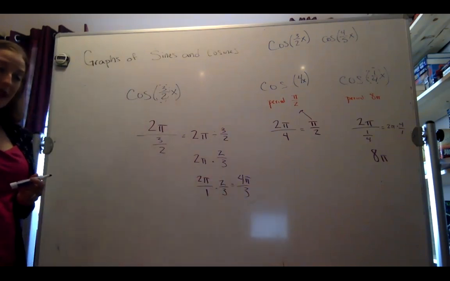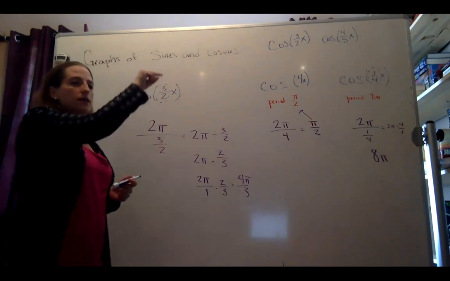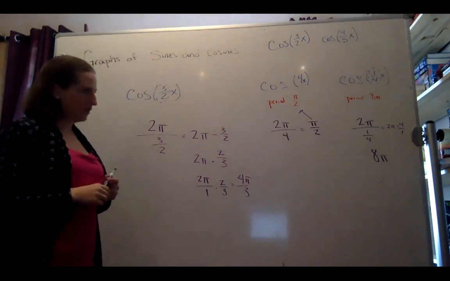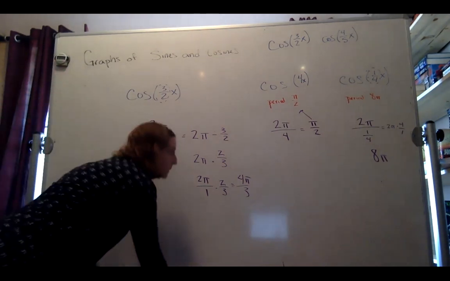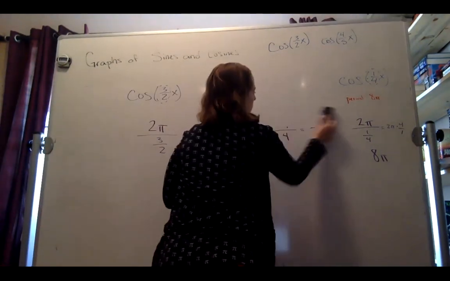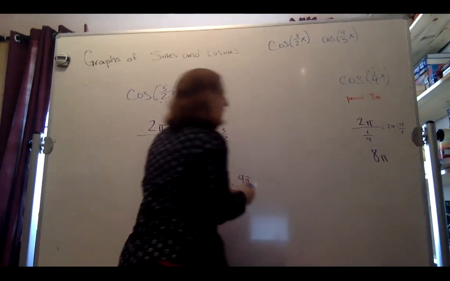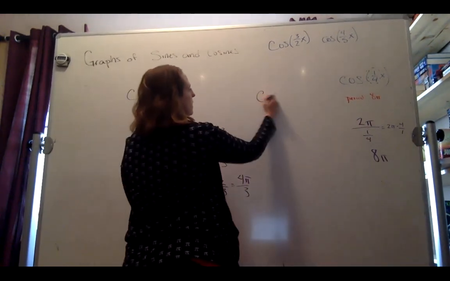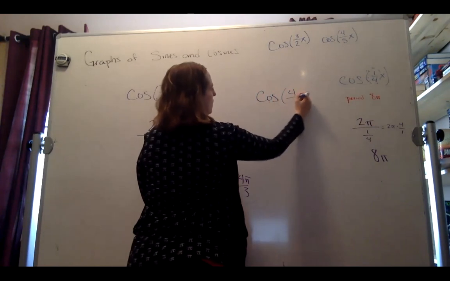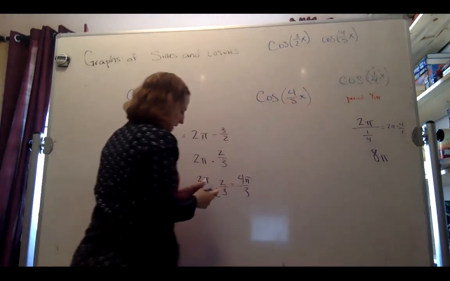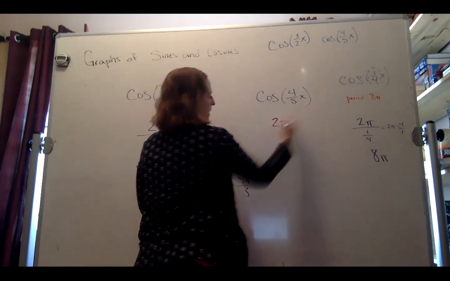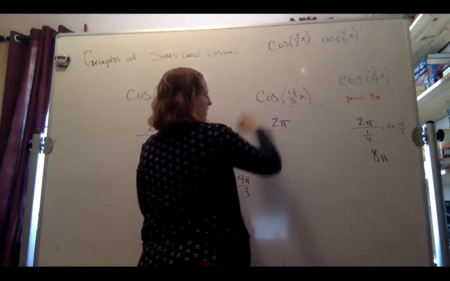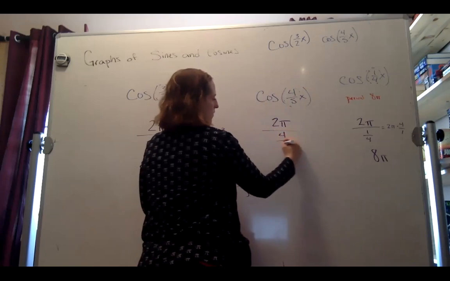And remember, that's exactly what we saw when we looked at the peak of one wave to the peak of the other wave. Let's do that for our last example. We want to find the period of the cosine of 4/5 x. We take our original period, the period of cosine, which is 2 pi, and divide by this horizontal stretching factor, 4/5.